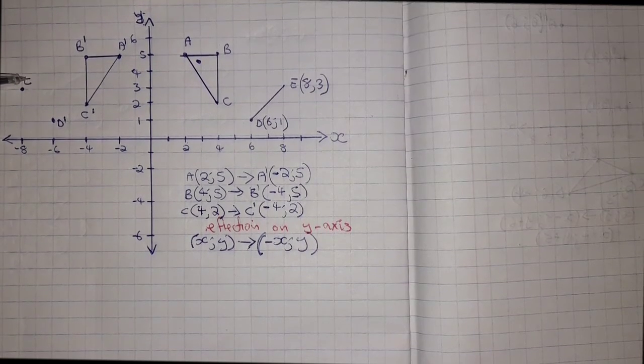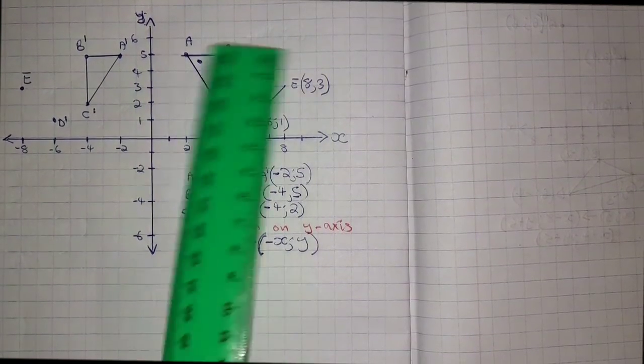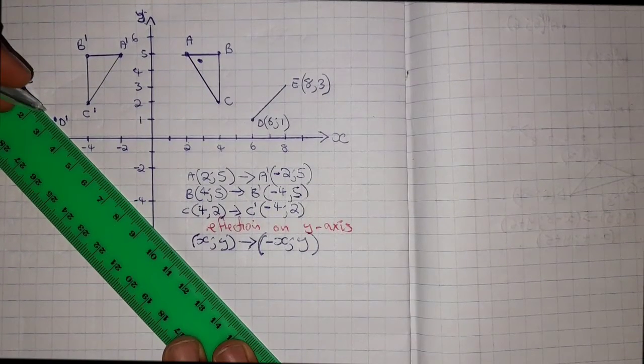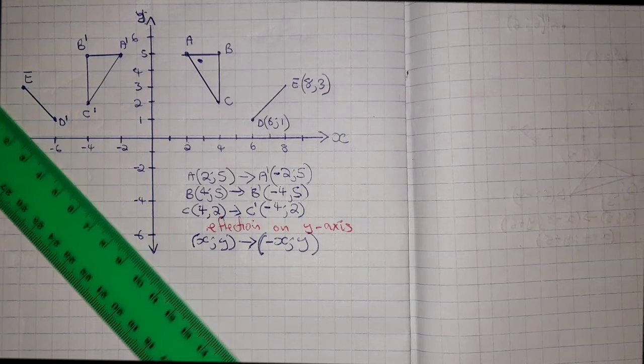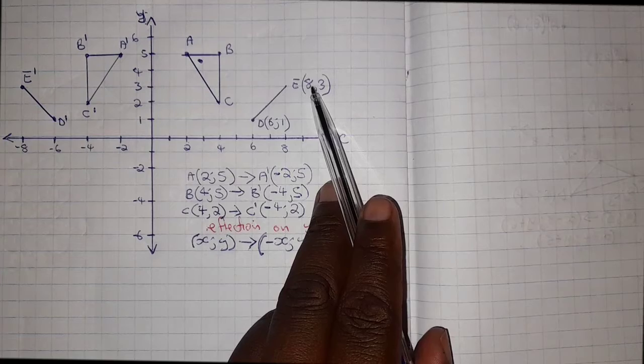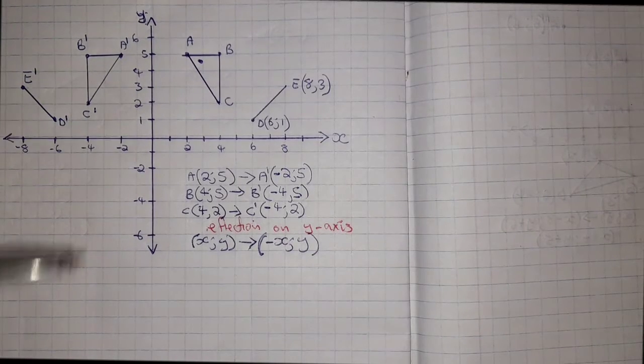So this is E, and then you join the 2 points to create this line DE. So we are saying this line DE is the reflection of line DE here along the y-axis.